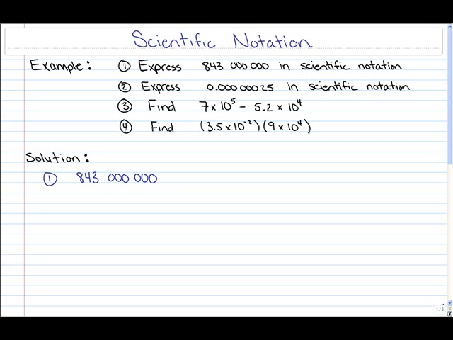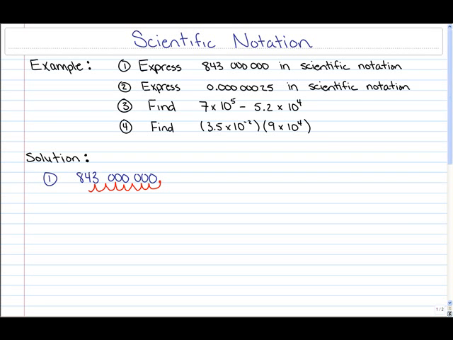Now remember that scientific notation is written as a product of some number between 1 and 10 and an integer power of 10. If we look at question number 1 here, our decimal place is actually right here on the end. So what we would have to do is move this decimal place over a bunch of times until we get a number between 1 and 10.